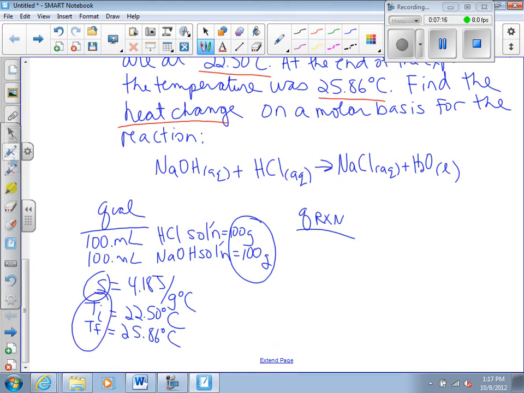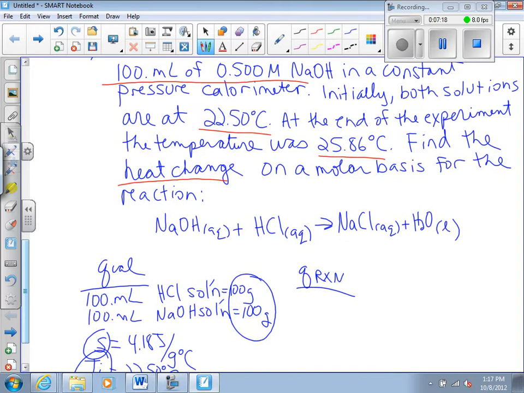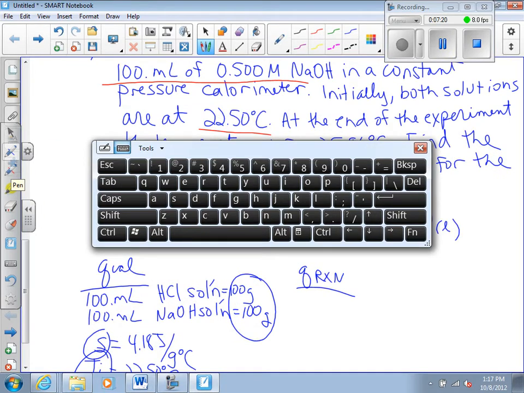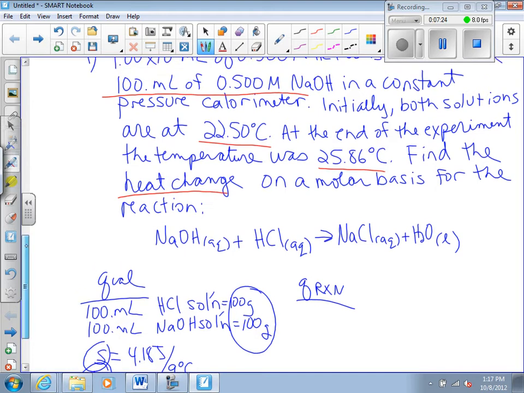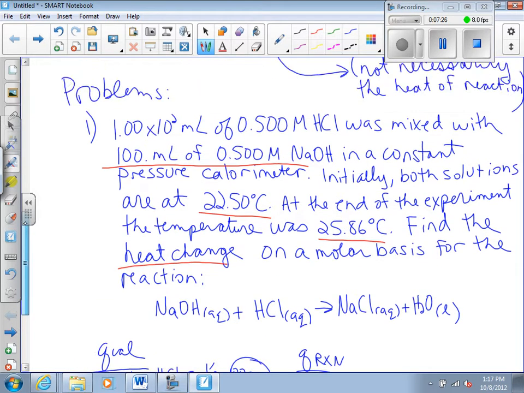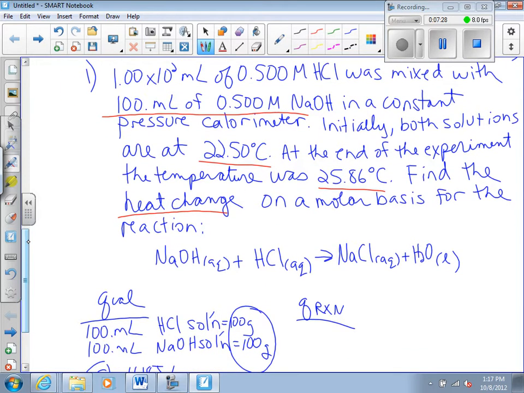For my Q reaction, well, I've got a reaction here. Let's see, what do I know about my reaction? Okay, I know that I have, for NaOH, I've got 100 milliliters of 0.5 molar.